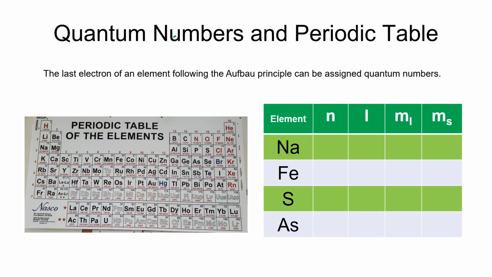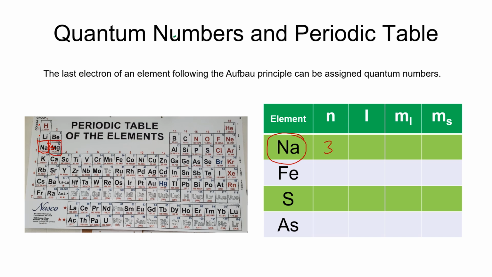So the periodic table, of course, is also arranged by shells and subshells, and so you can use the periodic table to assign quantum numbers, especially for the last electron in a given element. So we're going to start with sodium here, and you can see sodium is over in this section. And so this is 1, 2, 3, s, because that's the block that it's in, right?